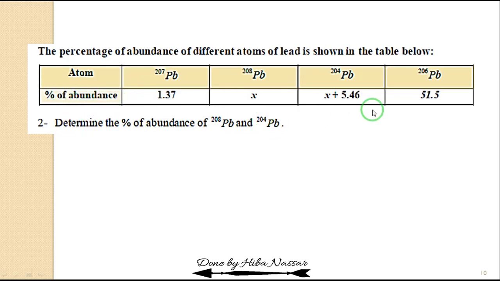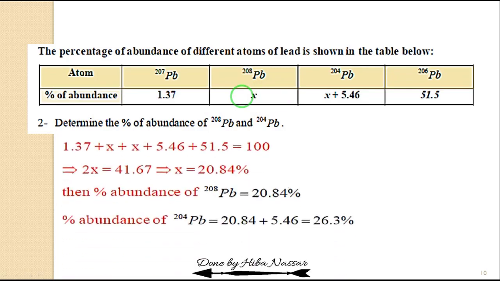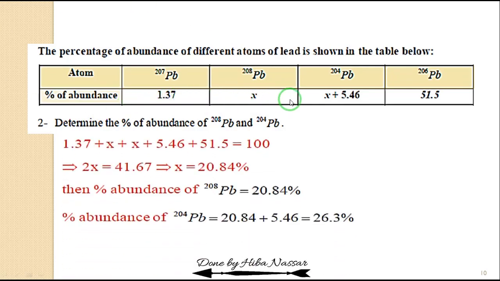Question number 2, determine the percentage abundance for lead 208 and lead with the mass number 204. So here, looking at this table, to calculate the percentage abundance for both of them, you need first to calculate X. So how to calculate the small letter X? Here you can add all the percentage relative abundances and they will be equal to 100.